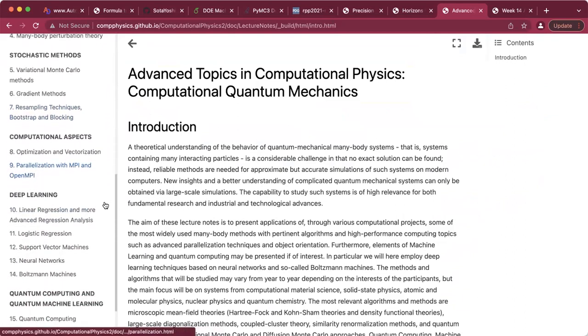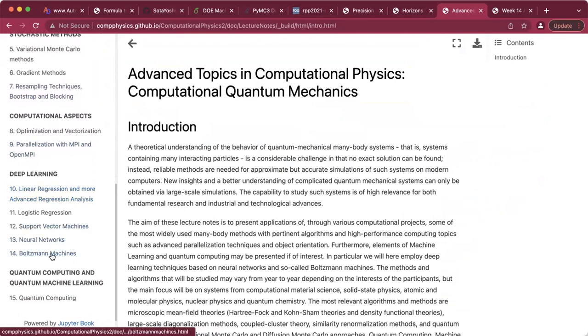If you scroll down here, you will see that there is a chapter 14 which contains the description of these Boltzmann machines and the basic theory which we are going to discuss. There's also some basic material about neural networks which we are going to come back to after the coming holidays. That will be on Thursday, April 21, if I've done the counting correctly, because we are at April 7 now, right?